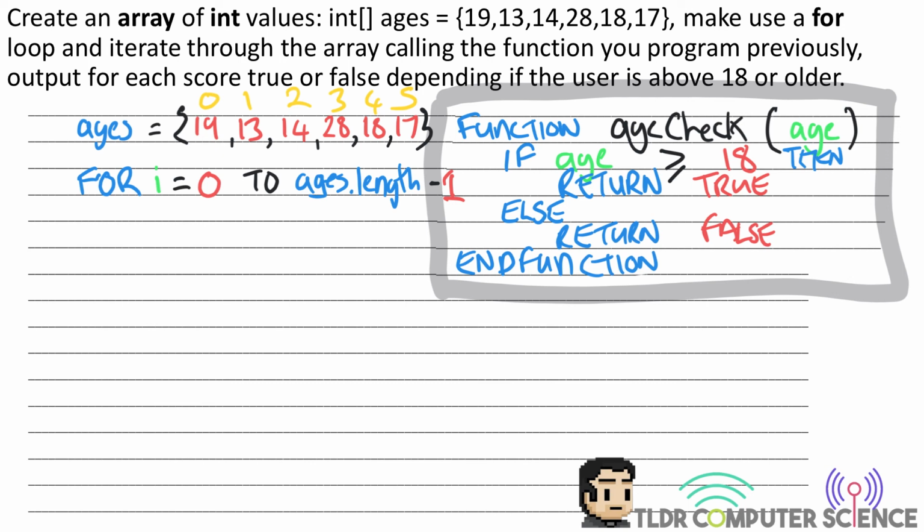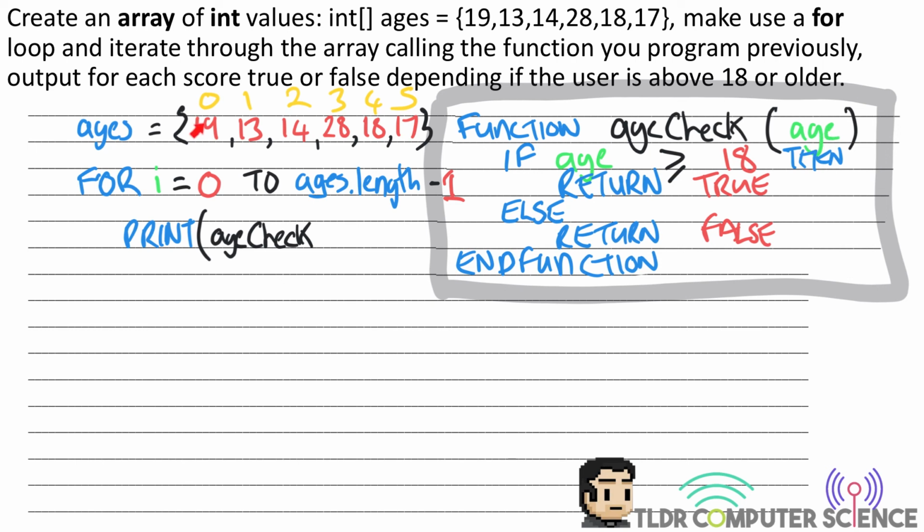And then as we're going through, what I want to do is print age check. Where have I got that from? I'm calling this function over here. What does it expect to receive? Yes.